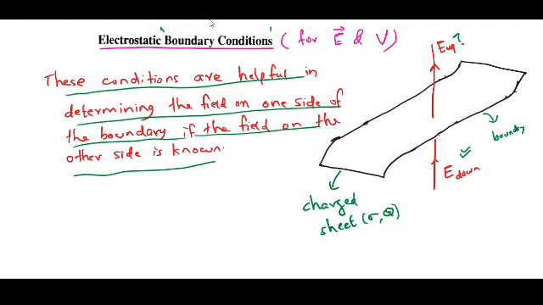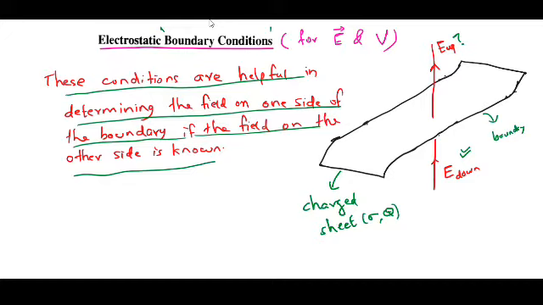Fine. Now, to derive the boundary conditions for the electric field, we have to resolve this electric field E down and also the E up into two components. Here I will split this electric field into two components.